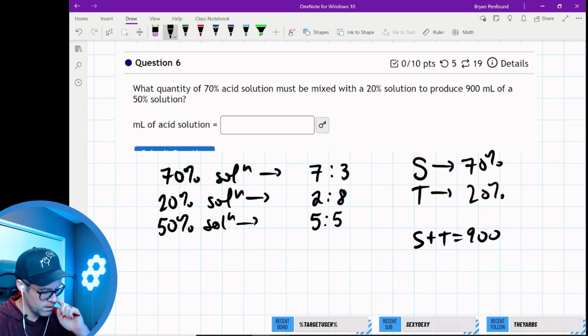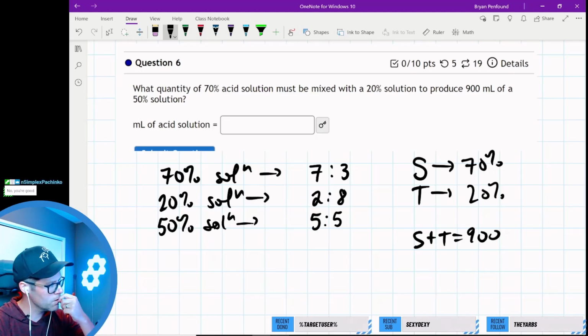Have I set this up incorrectly, though? Because I need it to come out to be 50%, right? So it's almost like I need... Maybe this isn't two variables. Is this one variable? No, you're good. Okay.